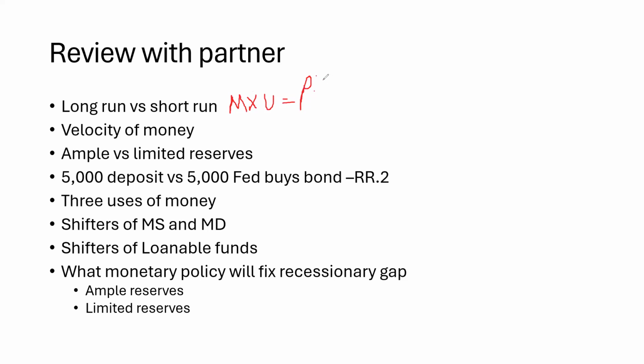Remember, P times Y, price level times output, is nominal GDP. So M times V equals nominal GDP.